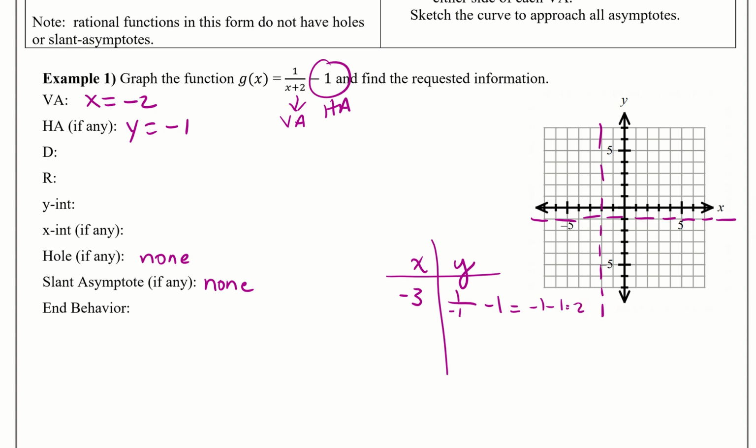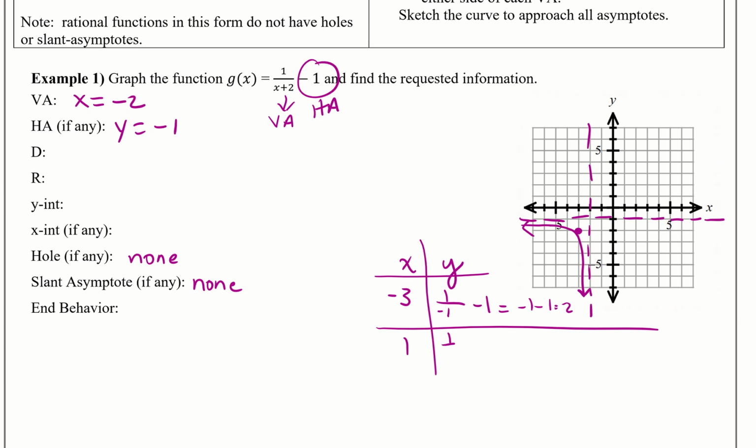So I'll have the point (-3, -2), which will look something like this. And then on the next one over here, if I plug in perhaps a 1, I'll have 1 over 3 minus 1, which is -2/3, which is above this height of -1, so -2/3 would be somewhere around here.